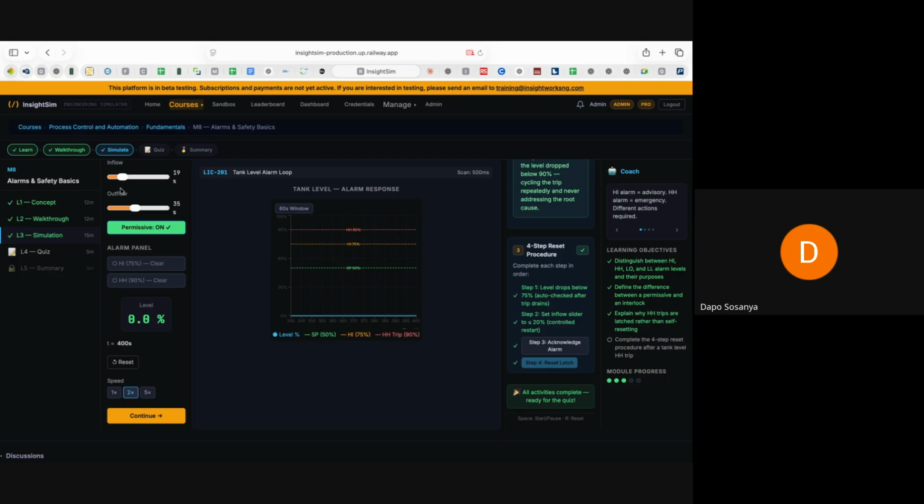Exactly. So inflow is 19, outflow is 35. So if we want anything in there, let's start. All right.